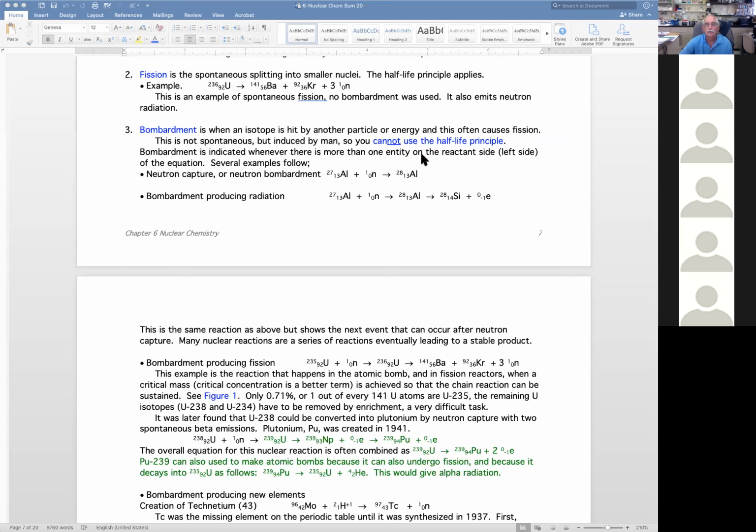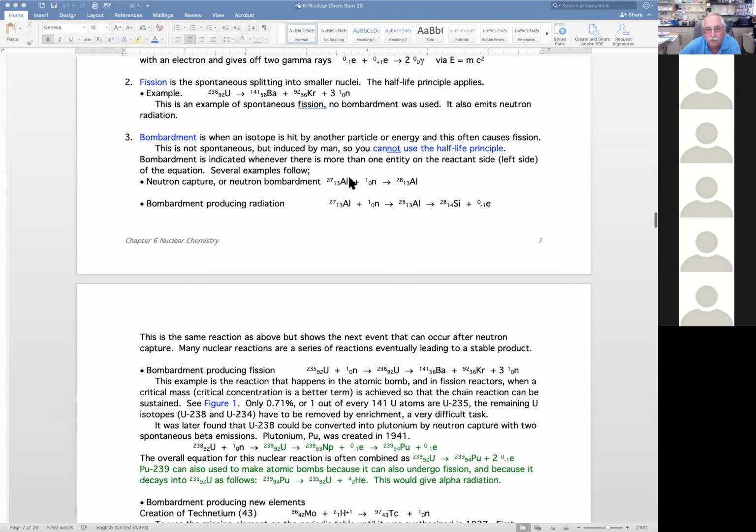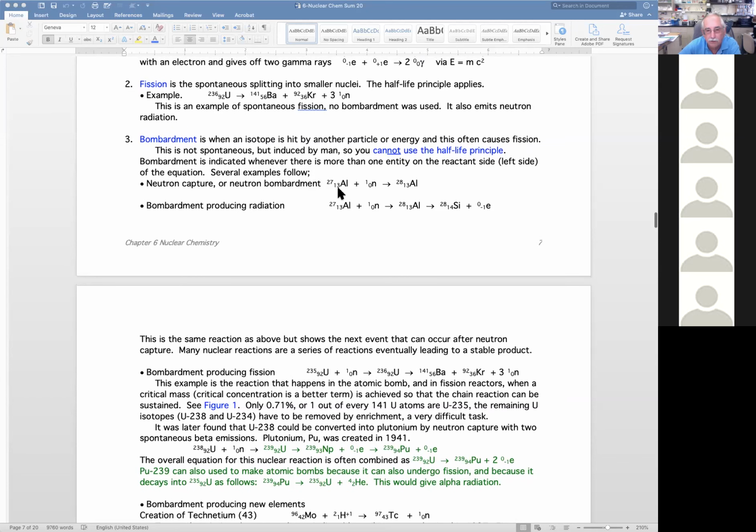So here I'm looking at this event right here. Notice that the difference between this and all the other ones is that there's two things on the reactant side. So the interpretation here would be, here's an aluminum-27 isotope just sitting there minding its own business.